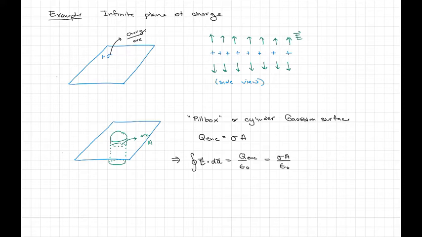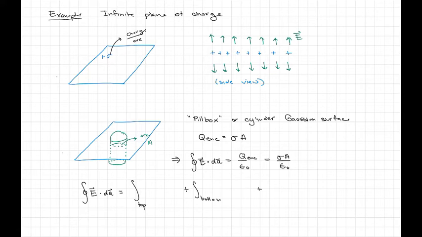Okay, what are we going to use this to do? Well, we're going to use it to actually calculate the electric field. Okay, these surface integrals, I can do them one side at a time. So I'm going to take my surface integral here, and I'm going to take it one side at a time. I'm going to do the integral over the top, and I'll also do the integral over the bottom.